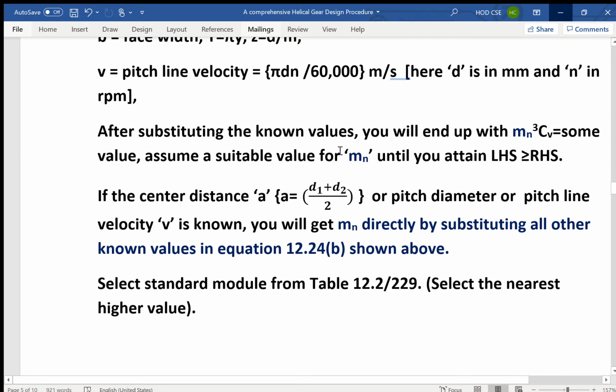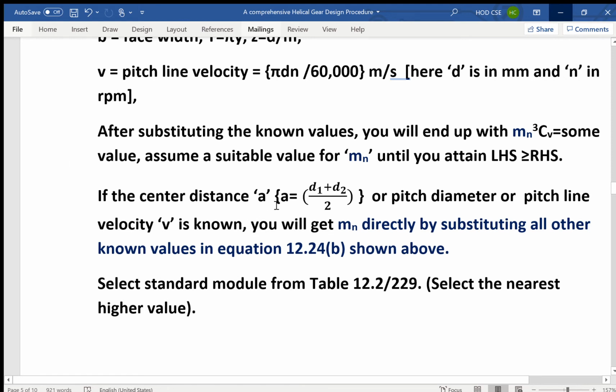After substituting the known values, we end up with Mn cube into Cv equal to some value. So we need to assume a suitable value for Mn until the LHS is greater than or equal to the RHS.